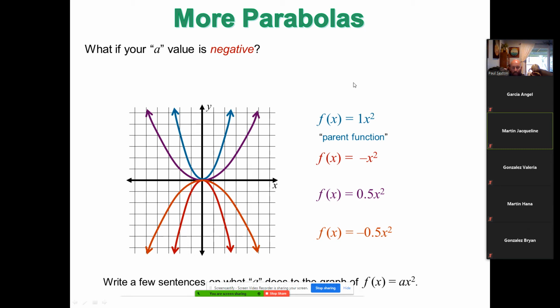Okay. Everybody have time to type something in? Anyone want to share what they wrote? Nobody wants to share what they wrote about how the a affects the graph?